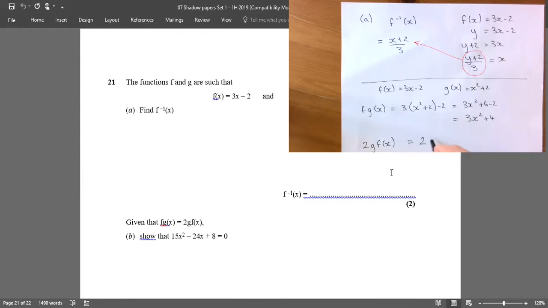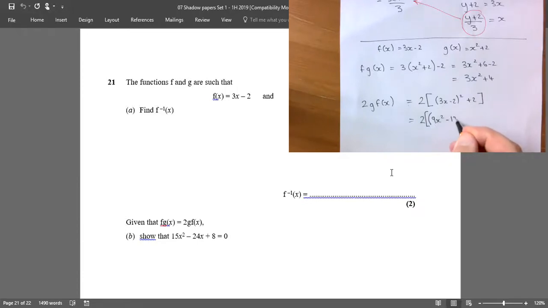So that will be 2 lots of, we're going to replace the x here with 3x minus 2, 3x minus 2 squared plus 2, which equals 2 lots of 3x times 3x is 9x squared, minus 6x, minus another 6x is minus 12x, plus 4 plus 2, which is 2 lots of 9x squared minus 12x plus 6, which is 18x squared minus 24x plus 12.